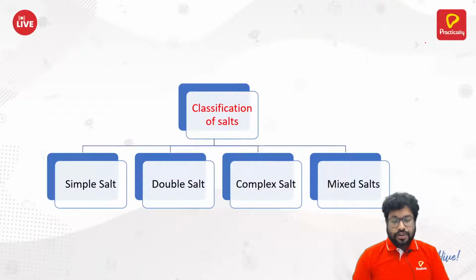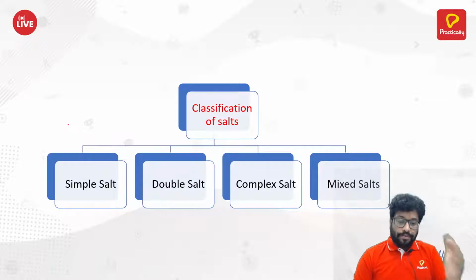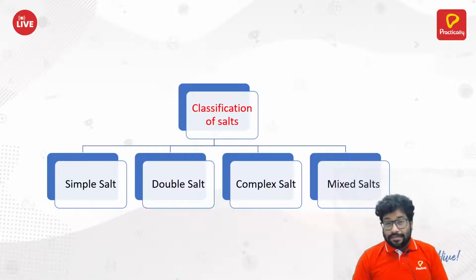Now, classification of salt, how salts are being classified. See, there are 4 types of salt. One is simple salt that we just saw. What is simple salt? NaCl, KCl, the salts which have been formed from the combination of acid and base. Double salt basically is the combination of 2 salts, as the name suggests.